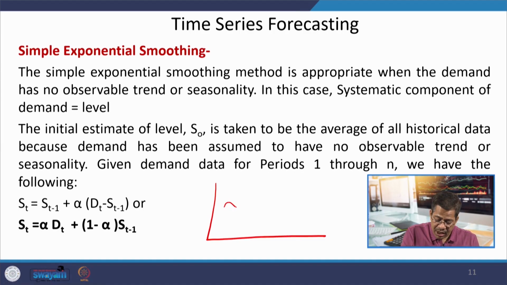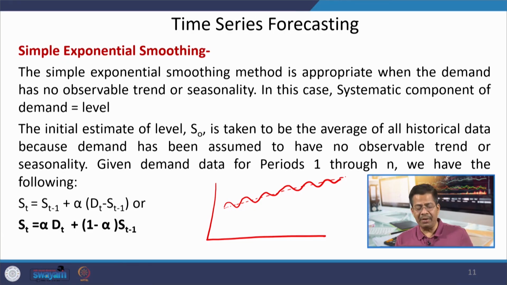We actually have our data like this, and if I smooth this data, this becomes my level diagram. The dotted line is representing the level and the zigzag continuous line is the actual data. So, there are fluctuations like these.